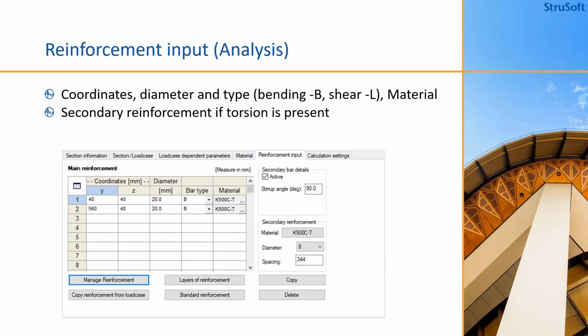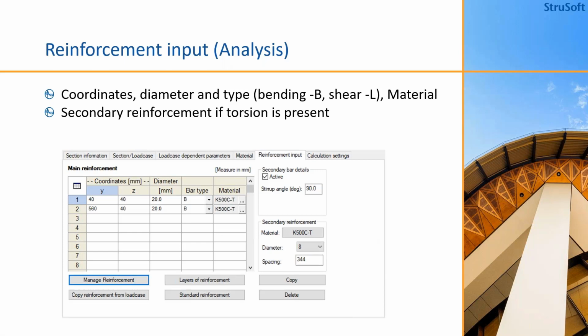When we take a look at the reinforcement in the analysis part, we have this window looking a little bit different. Then we define the position of the reinforcement, what diameter it has, and what kind of type it is, where we have B for bending and L for shear, or actually torsion.